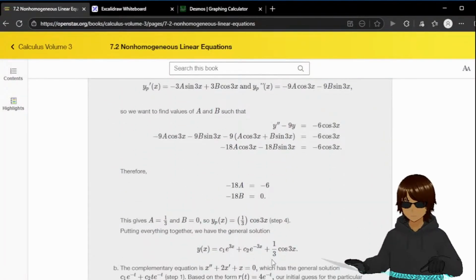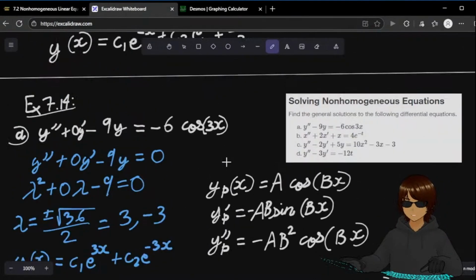So just for a alone, it's true. So it works.